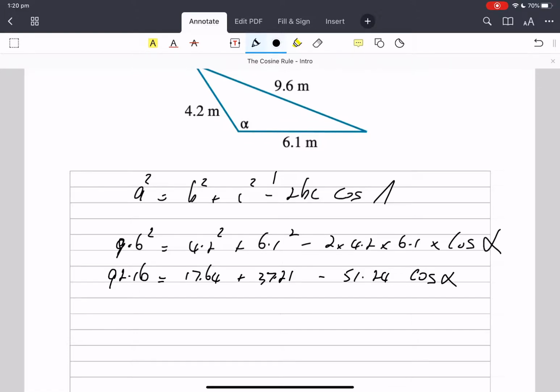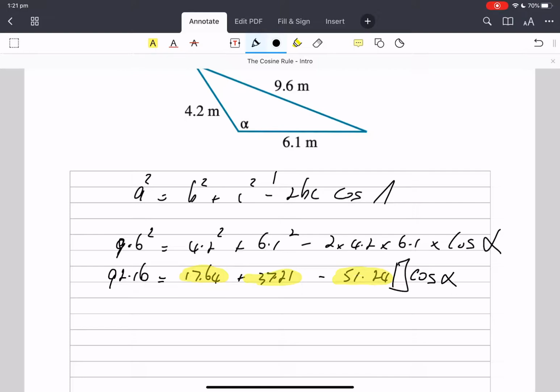The thing that I see most common, even at grade 12, is someone's going to go 17.64 plus 37.21 minus 51.25 and get an answer and leave that as your coefficient of cos alpha.